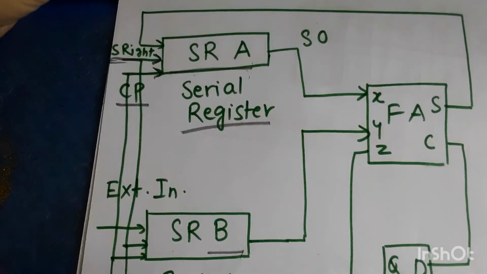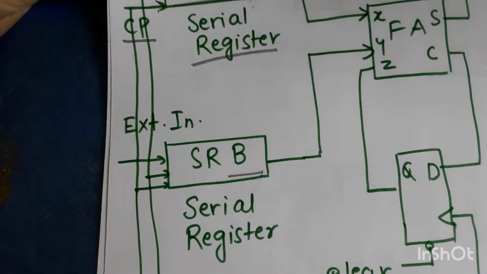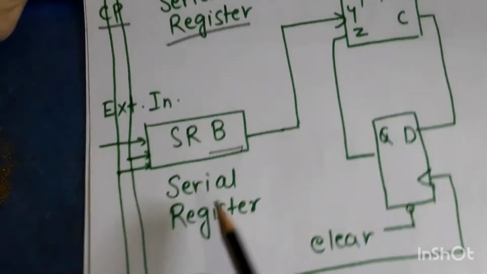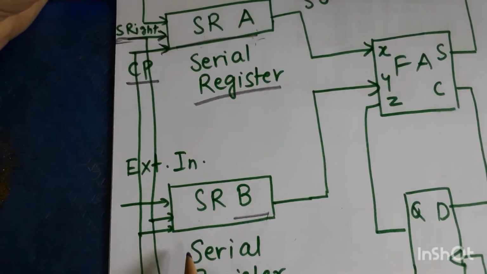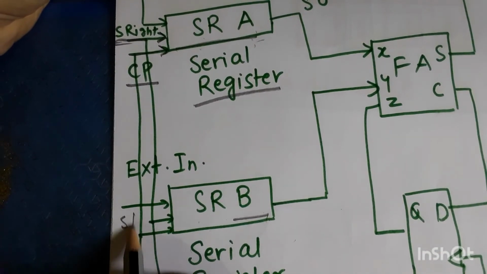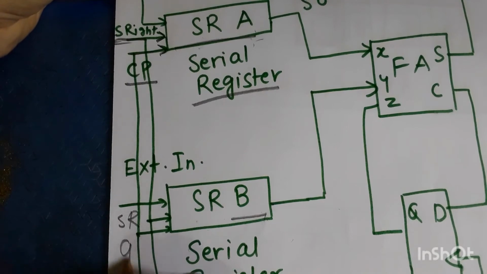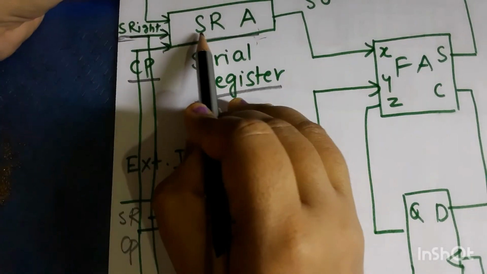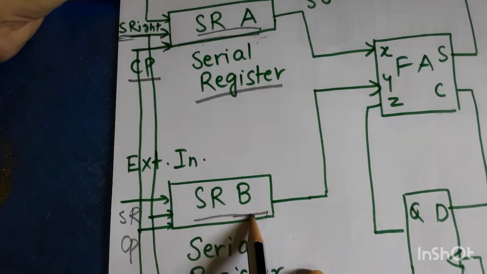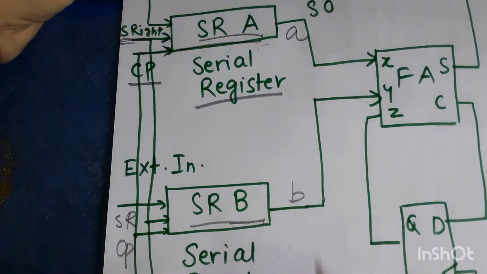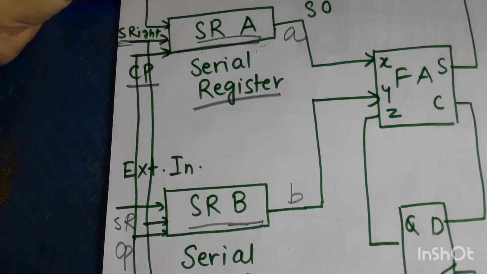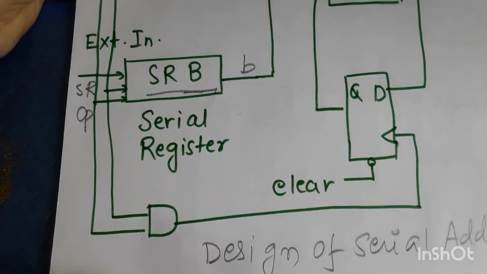Shift register A and shift register B both have the same shift right and CP inputs. They are synchronized and given together so that A and B come out at the correct bit positions. We are doing the AND of these two.